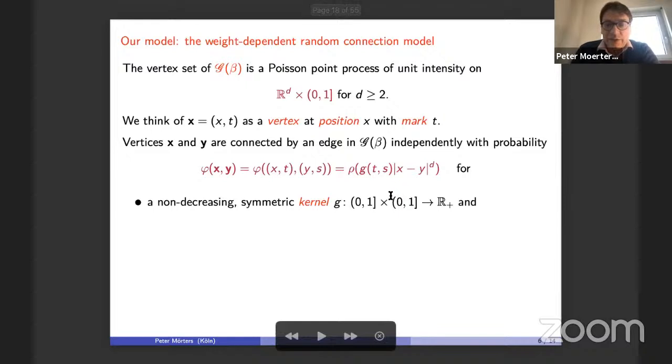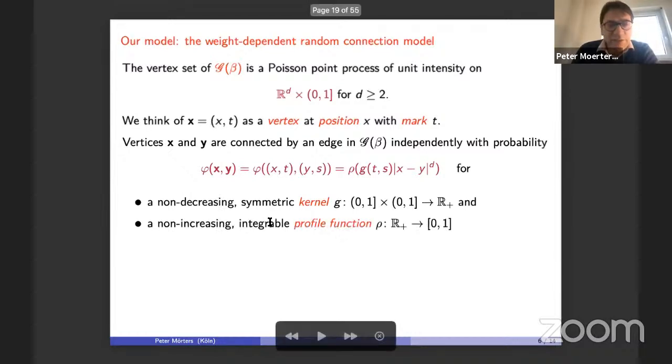The crucial thing here is this kernel, this function g of the two marks. For example, in the scale-free percolation model, this just depends on the product of the two marks. But we are more interested in much more general ways of turning the two marks into a factor here. So this is a symmetric kernel.